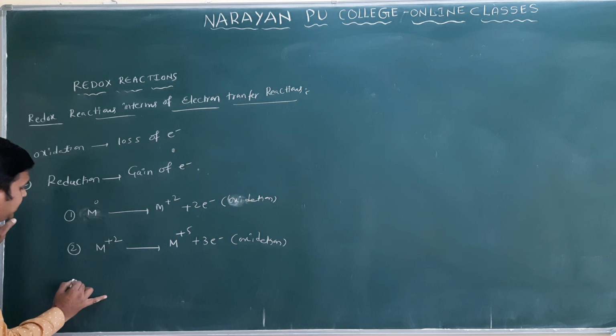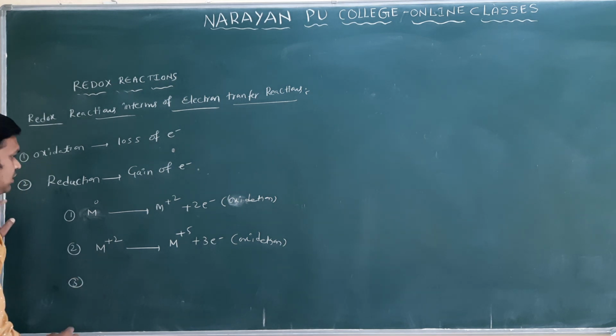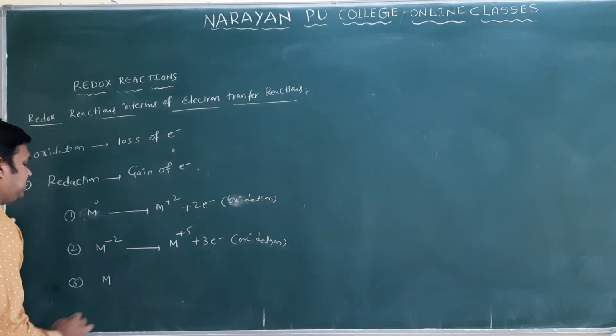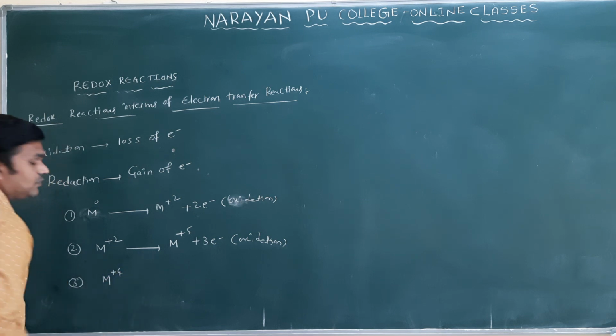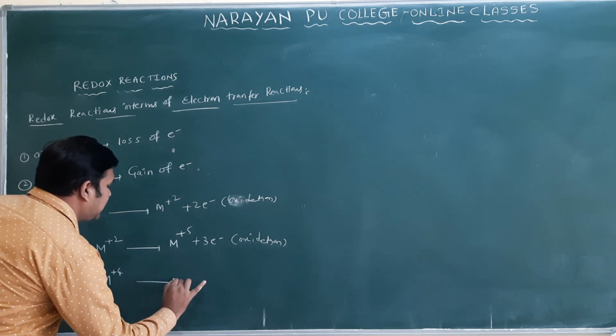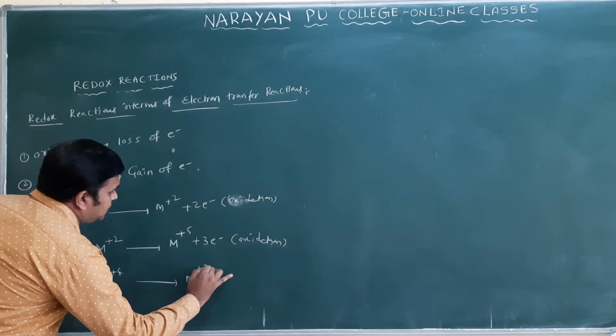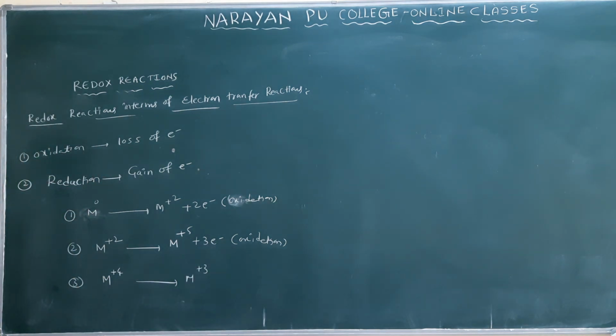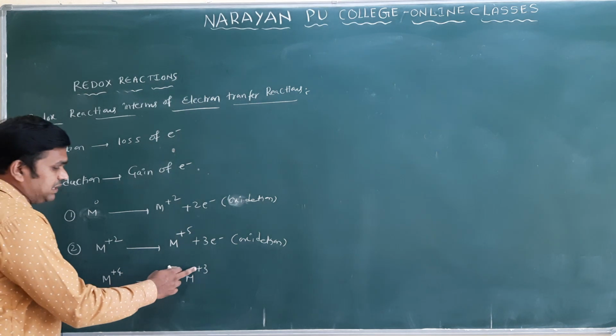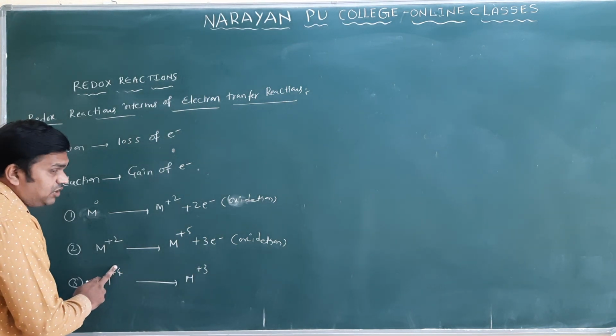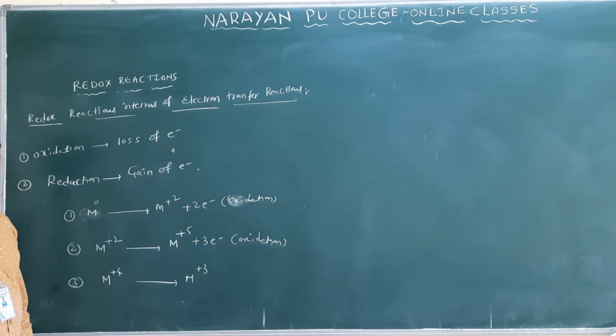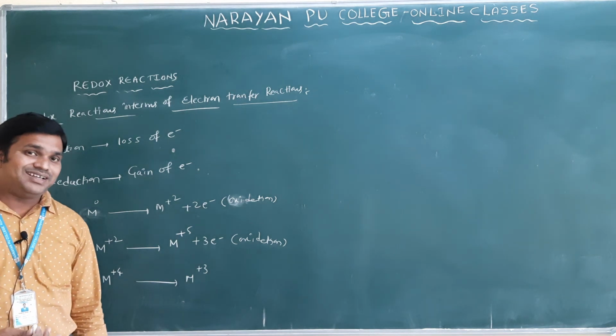Now one more, the third example. Suppose I take M+4. M+4 is converted into M+3. Here the oxidation number is 4, and here it is 3 only. Is it a decrease or an increase of the oxidation number?